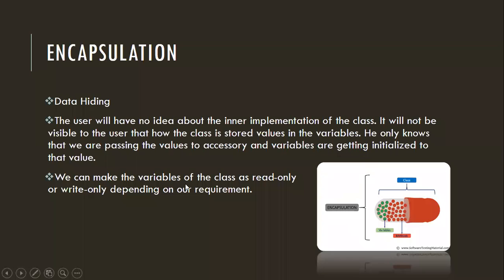We can make the variables of the class read only or write only depending on our requirements. So for encapsulation, you can take an example like this. Each of these is a class, the entire thing is a class. So there are things like variables and methods which are visible for us. Those are visible to us anyway. But there are things that are not visible for us.